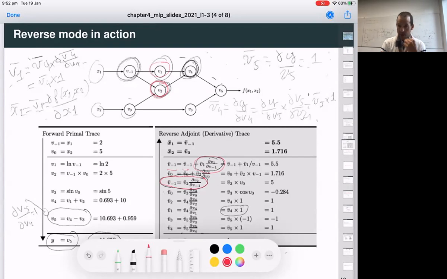So that is the reason why in automatic differentiation, we use the reverse mode for deep learning, and it is the back propagation.